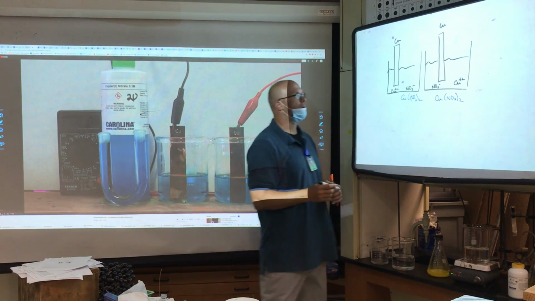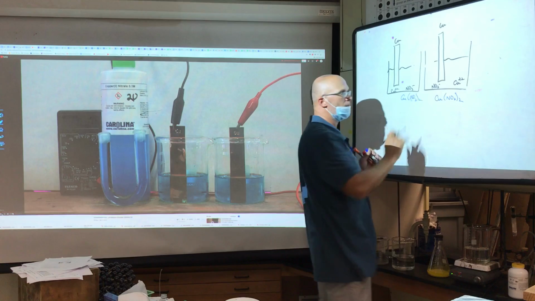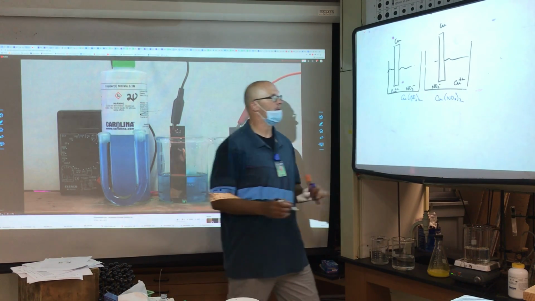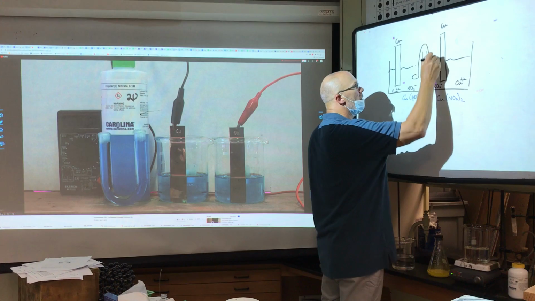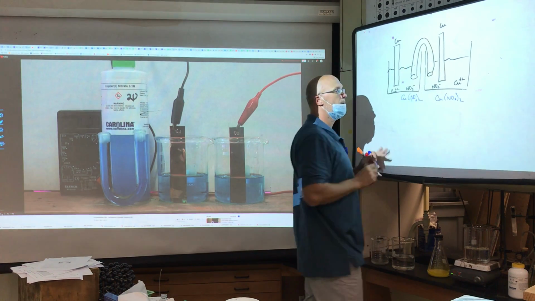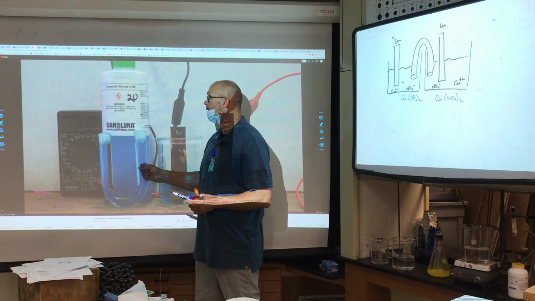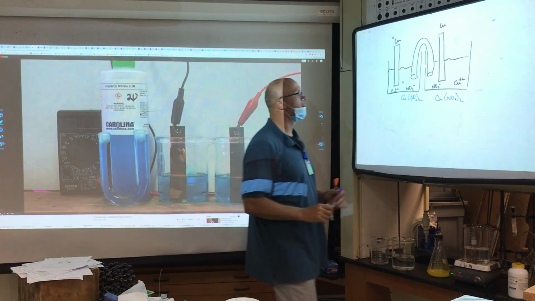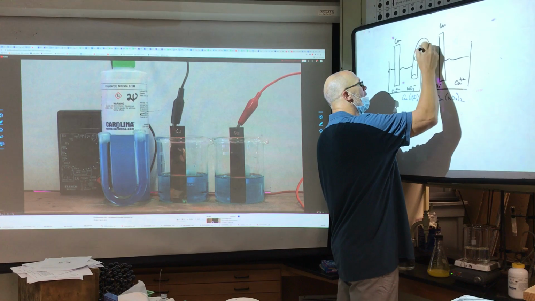Okay, we're going to have a salt bridge. Right now there's no salt bridge, so that's probably the reason why it's 0 voltage. And we'll see if that's true or not. We have a salt bridge using a glass tube. By the way, it's filled also with copper nitrate, which means what? There's copper ions and there's nitrate ions.